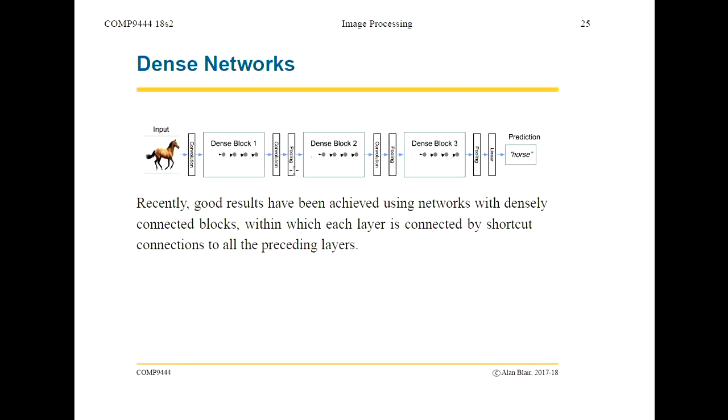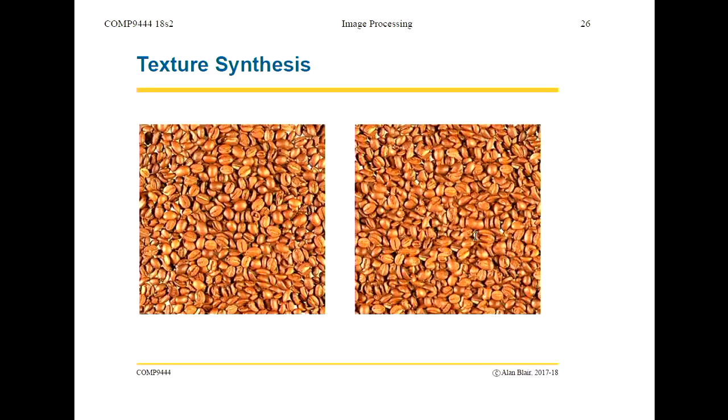I think people just basically figured this out by experimenting and trying different things out, and they decided that this provided pretty good results. So you have these little dense blocks, and then you have convolution and pooling layers in between, and somehow this did even better than those residual networks. Okay.